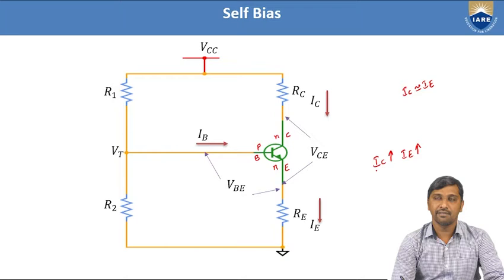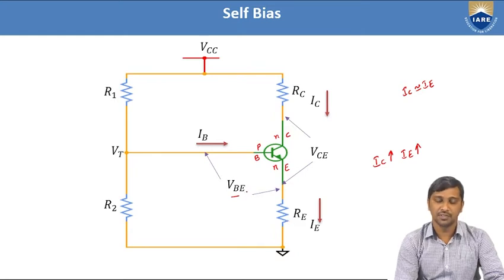Due to temperature variations, any one of the parameters is affected, either the current gain, the VBE parameter, or the reverse saturation current. It affects the change in collector current. If the collector current changes, the emitter current also changes, and the voltage drop across this emitter resistance also changes.